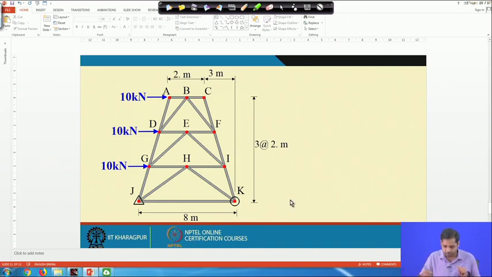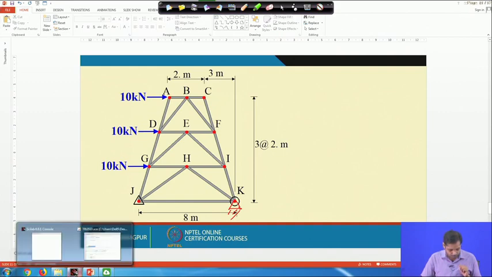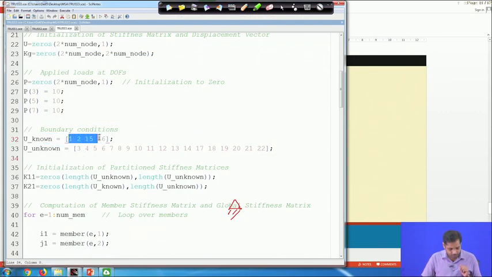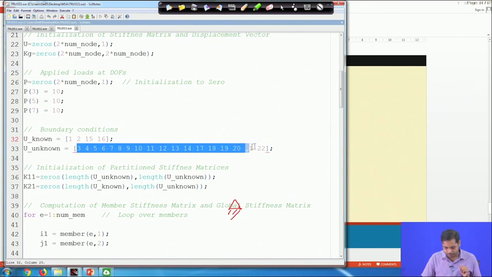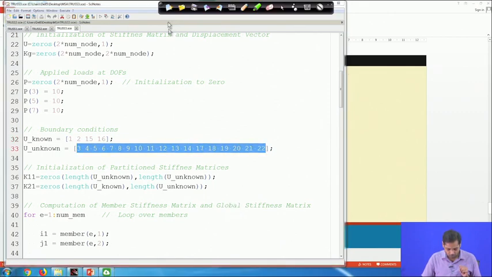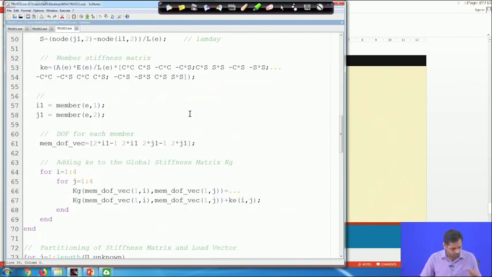This is a hinge support, this is also a hinge support, and this is also a hinge support, otherwise you will see it is not a stable structure. So, we have 4 constraints. These are the 4 constrained degrees of freedom and the corresponding degrees of freedom for which displacements are not known, and the rest of the thing is the same.